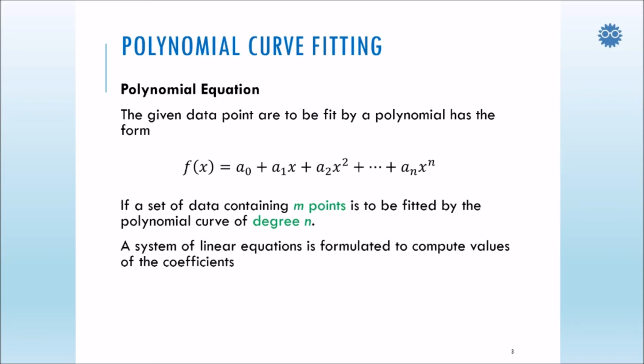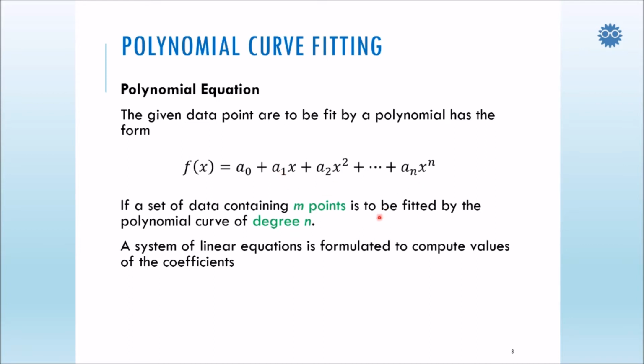A system of linear equations is formulated to compute the values of coefficients. So actually the main target of this work is to compute the values of a0, a1, a2, and up to an.